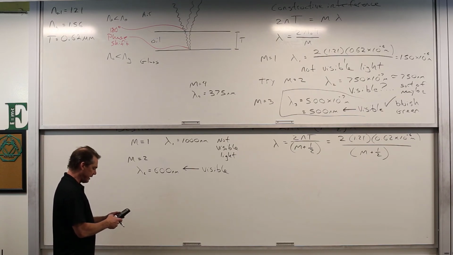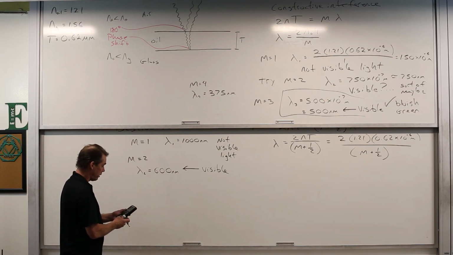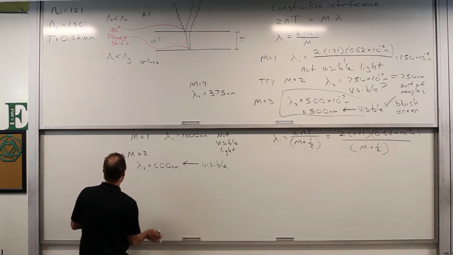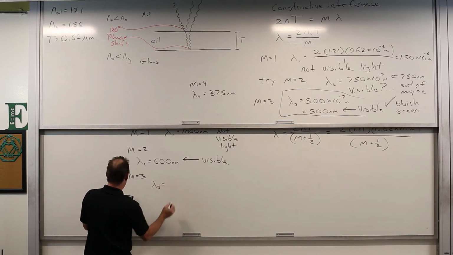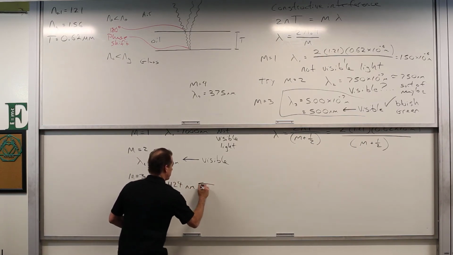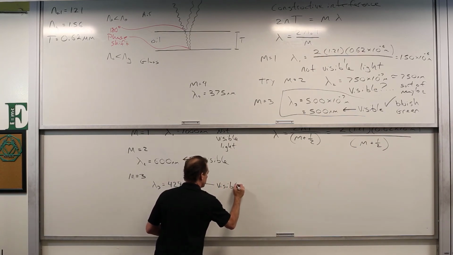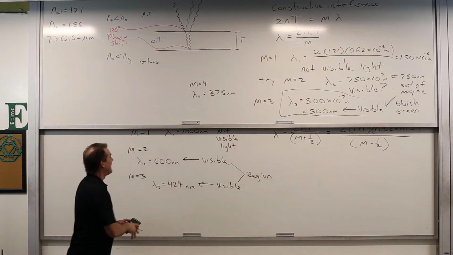What else do we get? Anything else? Let's try m equals 3. Could be others. Ooh, there actually is. We also get lambda 3, about 429 nanometers, being in the visible region.